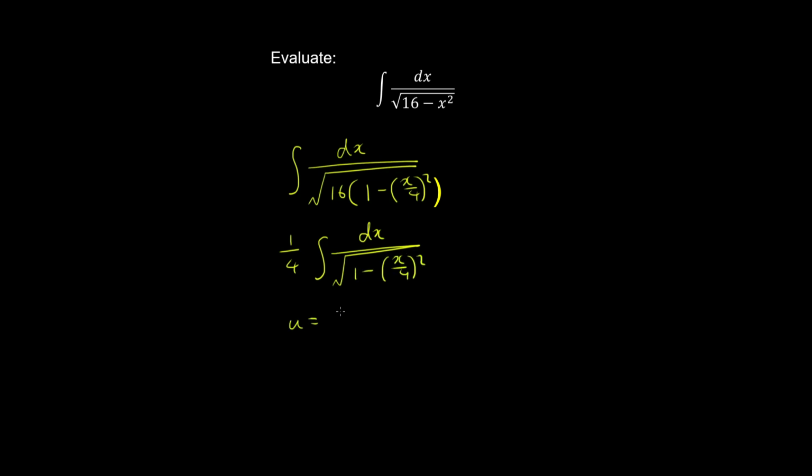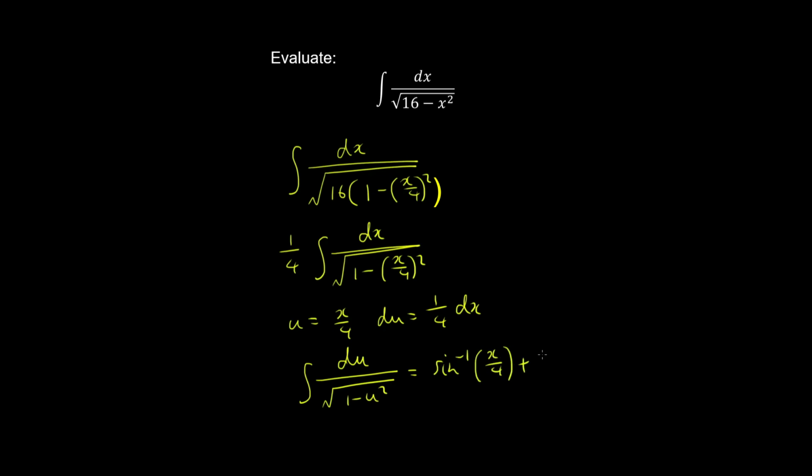And if we let u equal x on 4, then du is 1 on 4 dx. And therefore what we end up with is 1/4 by 4, which is the integral of du over the square root of 1 minus u squared. And you may recognize this as the arcsine of u, so we get the arcsine of x on 4 plus the constant of integration.